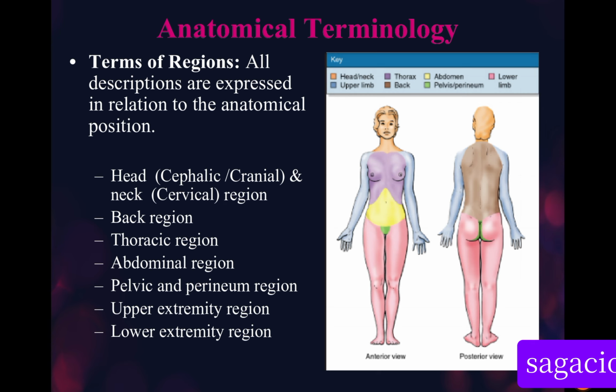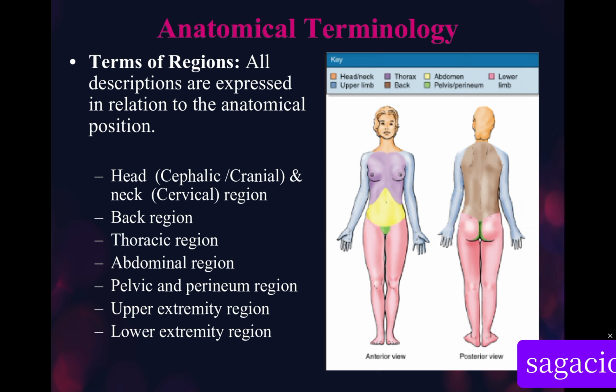When you talk about the anterior view, this is a typical anatomical position. When they ask you to stand in anatomical position, this is what we mean: a human being standing with the head erect and looking forward, the body erect, the feet parallel to each other, and the arms hanging by the side. This is the true anatomical position.